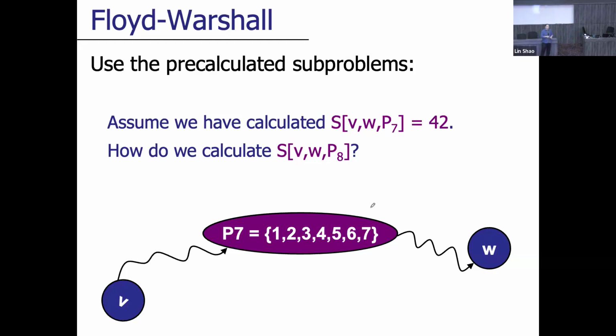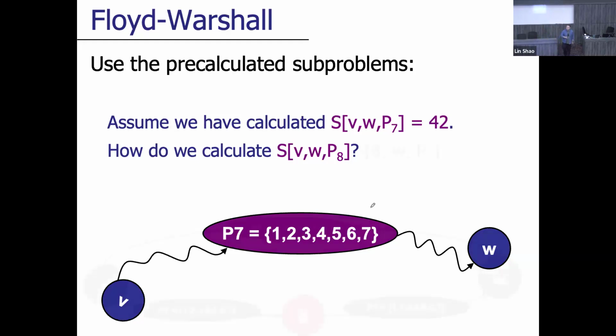Let's really focus on how we are going to calculate SVWP8, right? SVWP8 means the shortest path from V to W utilizing nodes of P8, and that is the definition of this.